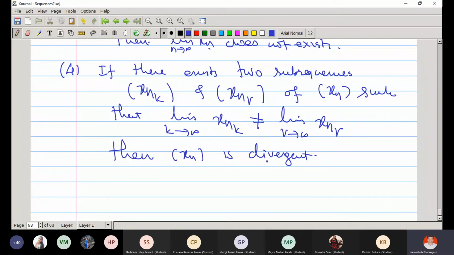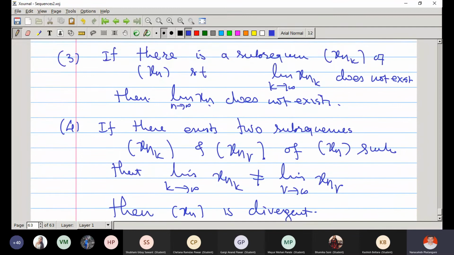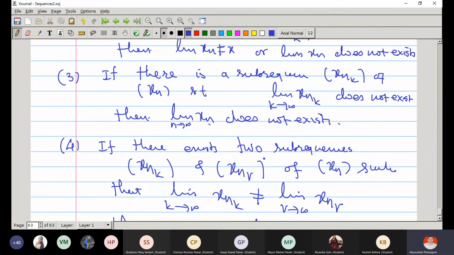Right? Because if x_n were convergent, then these two subsequences would have converged to the same number. But that is not the case, because we are assuming that these two subsequences converge to different numbers, and therefore the original sequence cannot converge. If at all it converges, then these two subsequences must have the same limit. That is not true, right? So logically you should think about it.